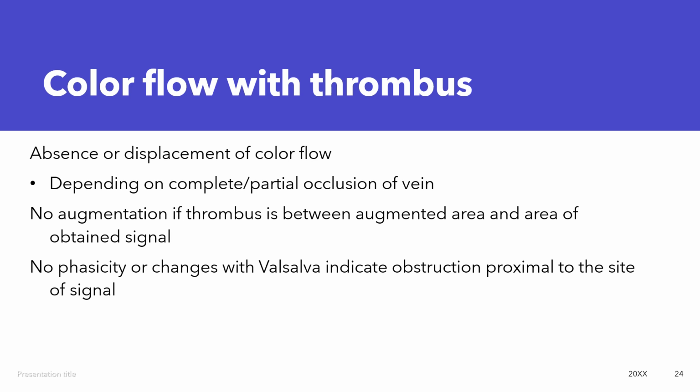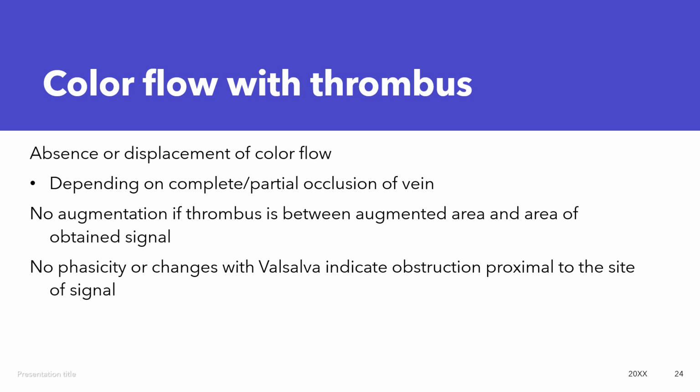Color flow with thrombus. We already talked about how we evaluate our vein in 2D, transverse, and long, looking for those changes in echogenicity that could indicate clot. And then we looked in transverse with compression to see if the change in size with compression indicates clot. Finally, we want to add color flow to this.